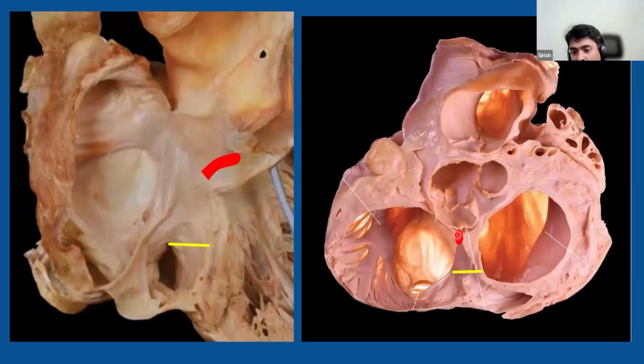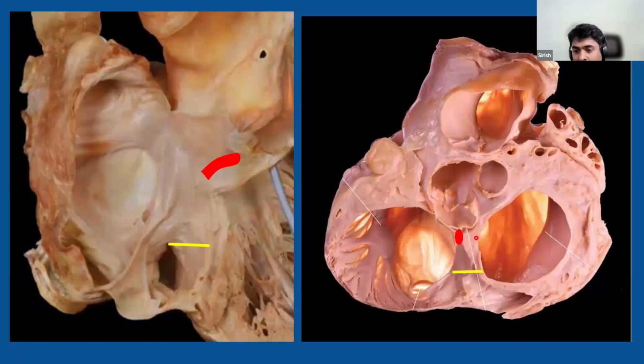However, you can see that these are actually not on the septum; they are higher up. So a better name nowadays is parahisian accessory pathways, where the easy electrophysiological marker is wherever you get a good prominent His deflection in this region and you map the pathway to that region, it's called a parahisian pathway.